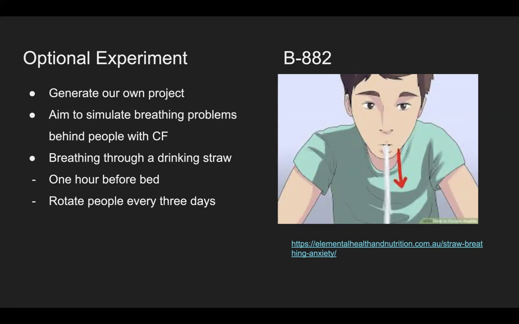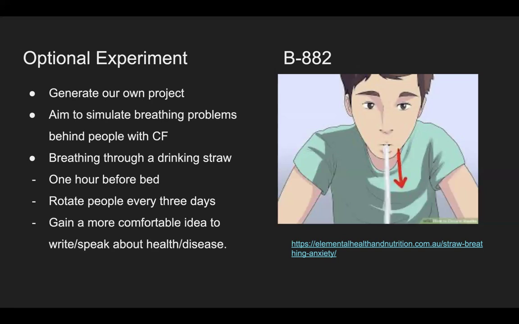We would determine how much harder it was to breathe and investigate potential sleep difficulties afterwards. We do this in a way that is not hazardous and safe compared to the other ideas. After the 30 days, we will have a better reflection of people with cystic fibrosis after the project, and we will have gained a better ability to write and speak about health and disease.